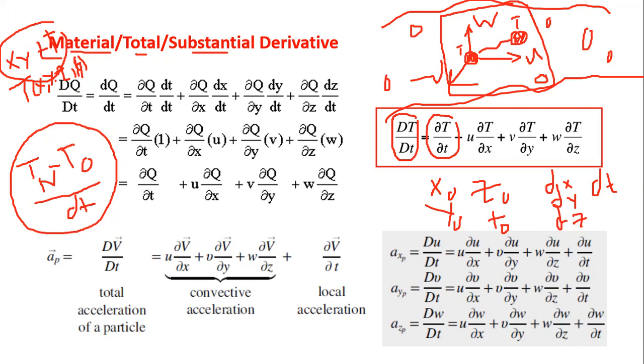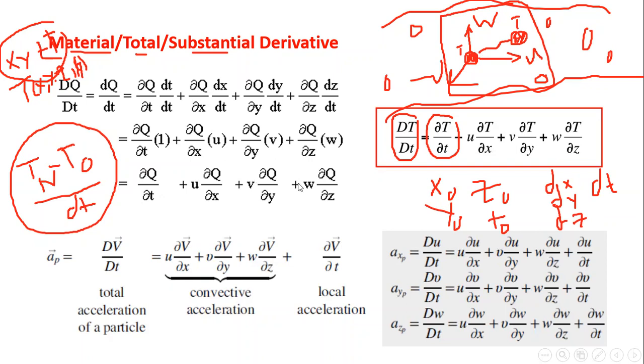This is from the viewpoint of an observer sitting on the fluid particle as it moves through the flow domain and tries to measure the changes in the properties, like the temperature, like the density, the fluid particle encounters as it moves through the flow domain. Okay.